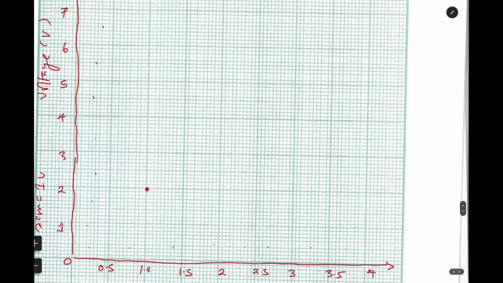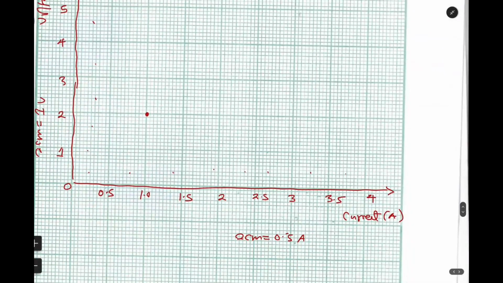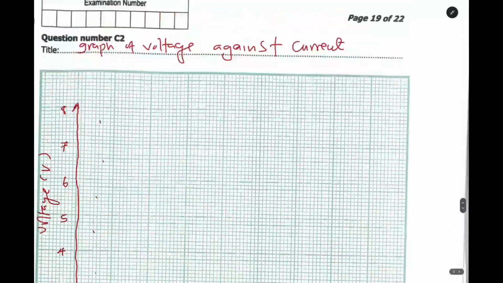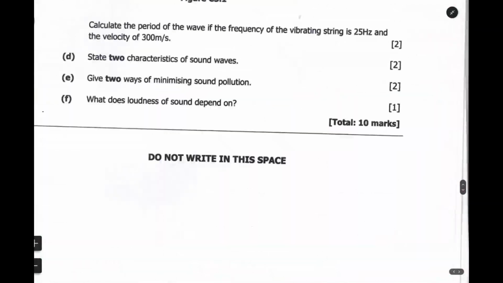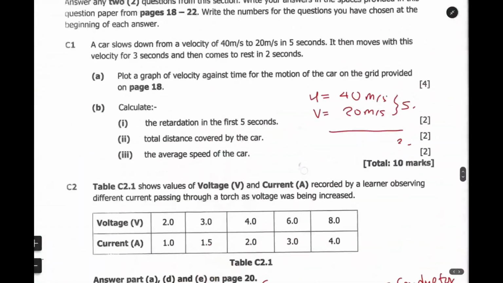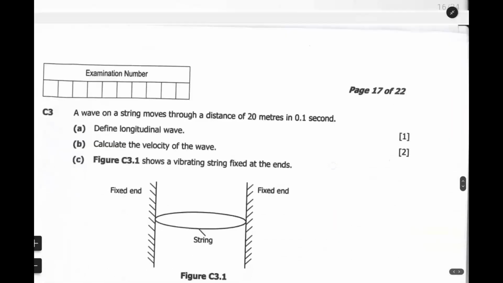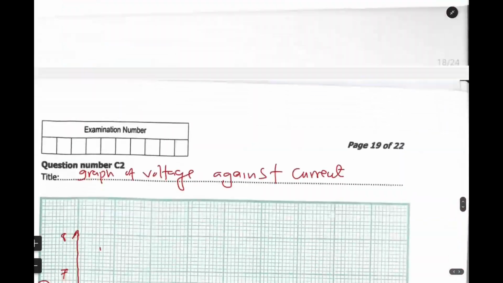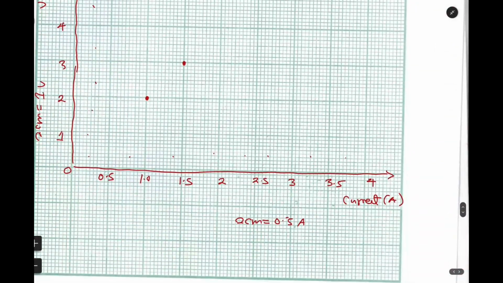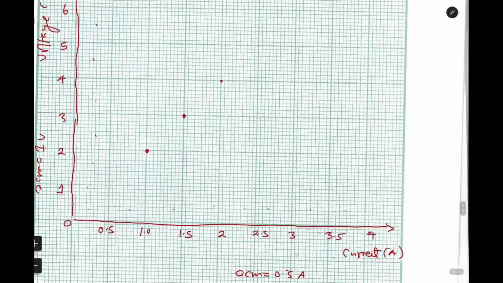So 1.5, 3 will be here. Then the next one is 2.0, 4. So where is 2, 4? 2, 4 is right here.